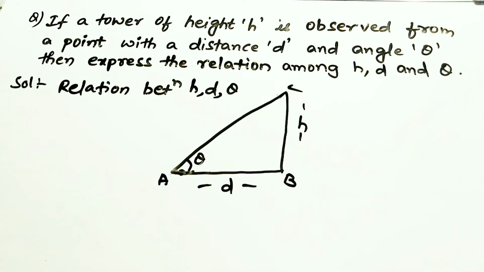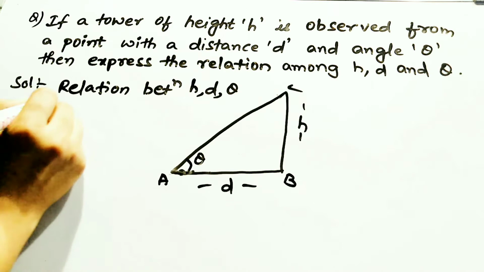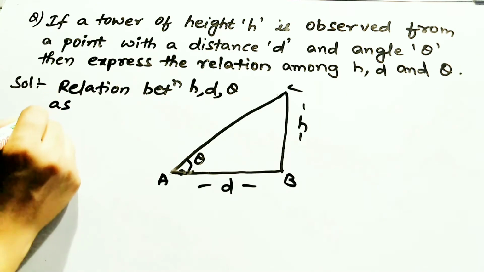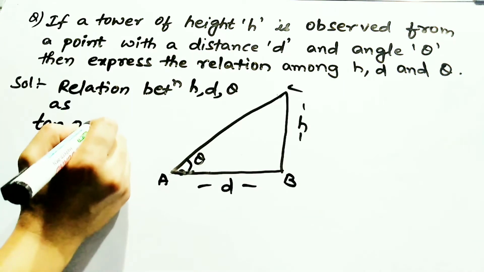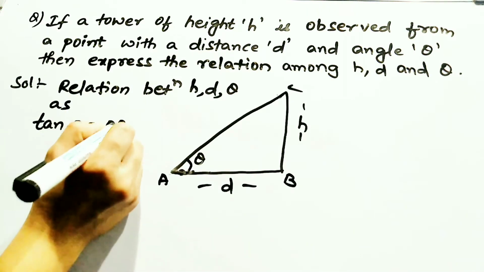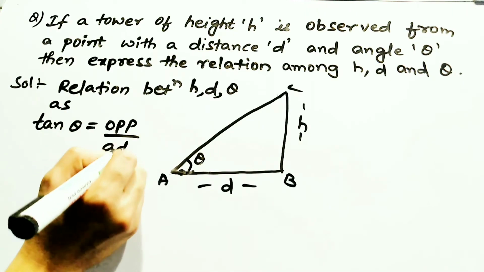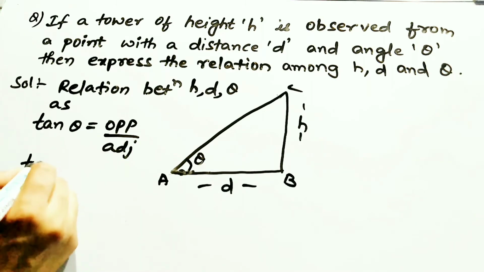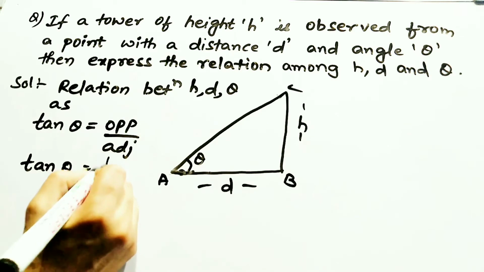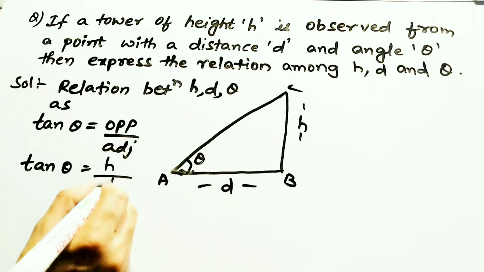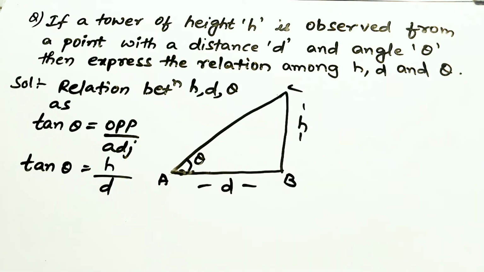How do you give the relationship? As tan theta. What is tan theta? Opposite by adjacent. Here the opposite is h and the adjacent is d. So we express the relation among them in the form of tan theta.